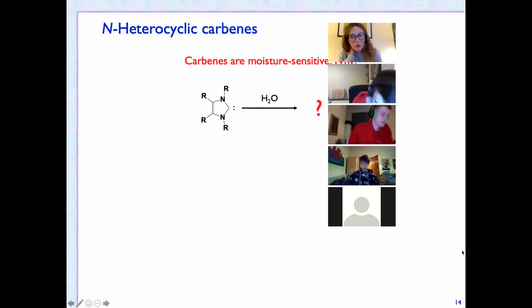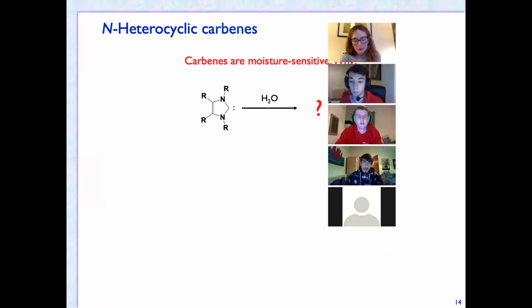So we have said in the second video for today that carbenes are organocatalysts, but they are moisture sensitive, so we need to perform the reactions which involve these N-heterocyclic carbenes under inert atmosphere. Because they are moisture sensitive, they react with water. Can you tell me why, guys?